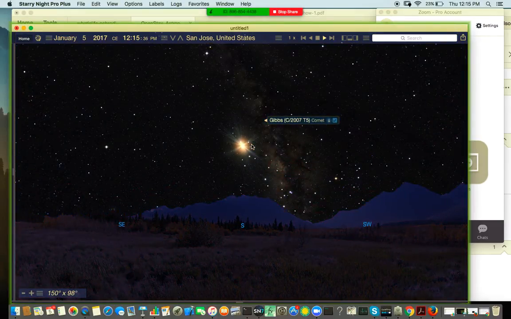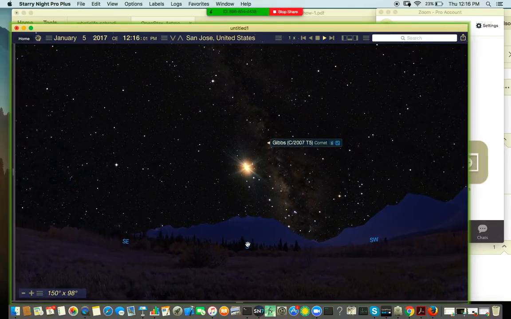Imagine that planet Earth has no atmosphere, so the sunlight is not scattered, and then we can see stars during daytime. So what I'm trying to show is this. We are looking straight towards south, and it doesn't seem that the sun or the stars are moving at all, although the time is changing. As you can see now, it's 12:16.